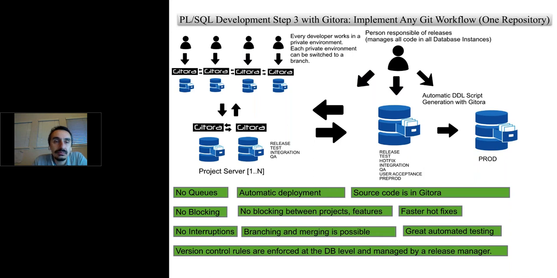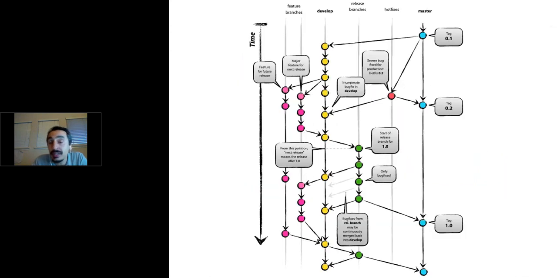So now if you reach Nirvana, even before you reach Nirvana, you can now implement this. This is one of the workflows called Git Flow. Like even at step 1 or 2, you could do this. The screen, I have a big screen here, that's why I'm looking here. Imagine each branch here, feature branches, develop, release branches, hotfixes, master.